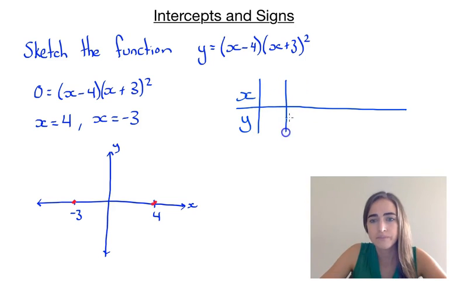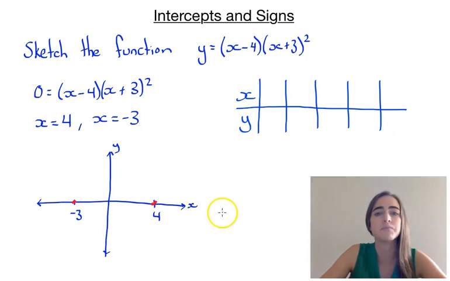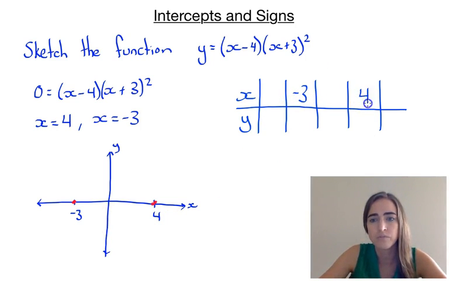We're going to put in a couple of different things. We're going to put in our two intercepts, and then we're going to test a point either side of both of them. So we'll have minus 3 and we'll have 4. We want to test a point on this side of 4, so let's just go 5. We want to test a point that's in between minus 3 and 4, and you can pick any point in there, but 0 is usually pretty nice to substitute into things.